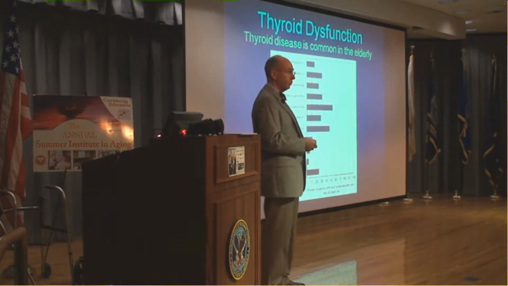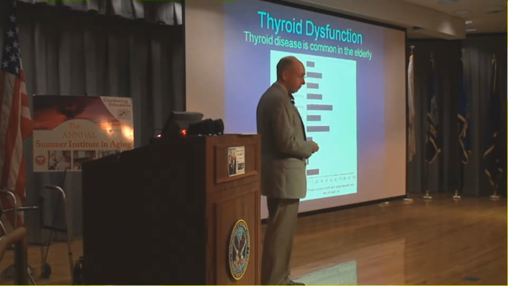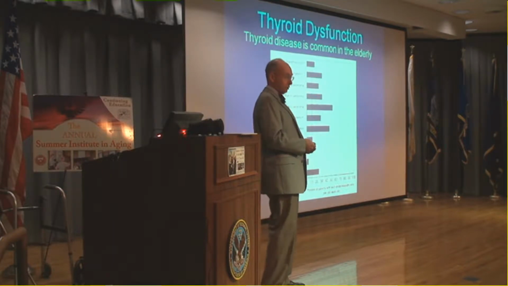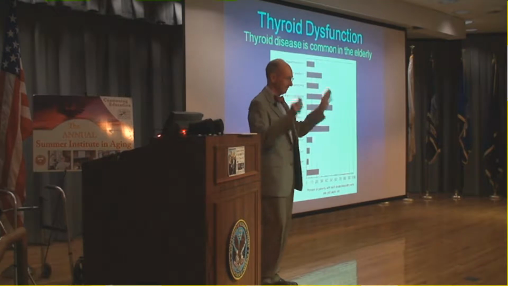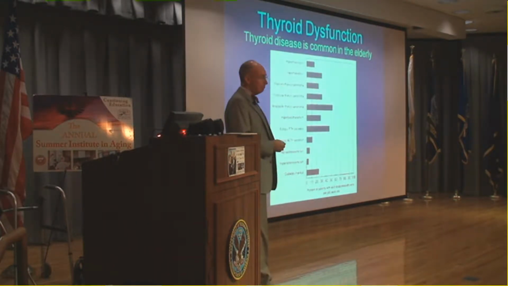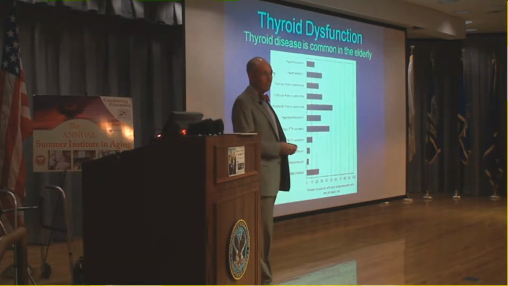Hypothyroid, real slow. It's the total opposite. So if your thyroid gland is going real slow and you're a younger person, under 60, how's that sound? If you're hypothyroid, you are constipated, you can't get out of bed in the morning, you're real tired, you're just real draggy.